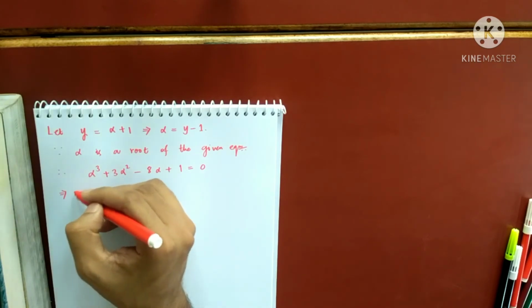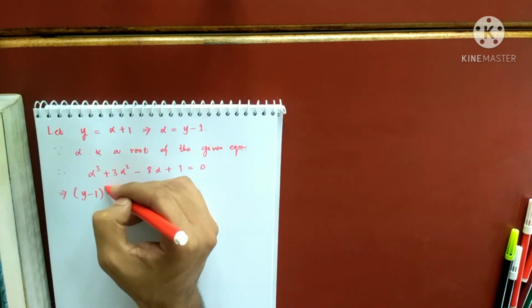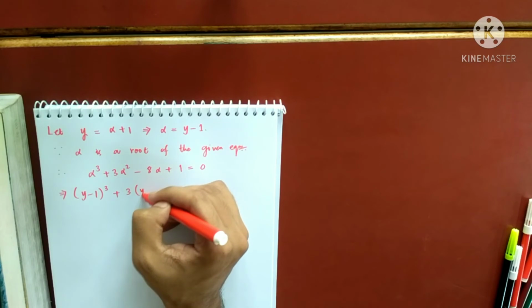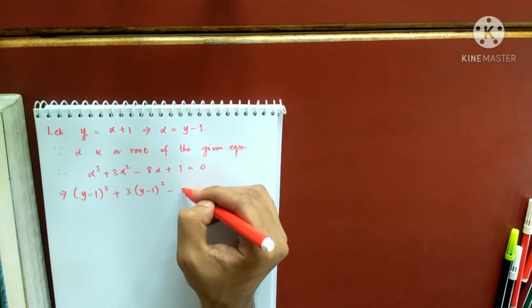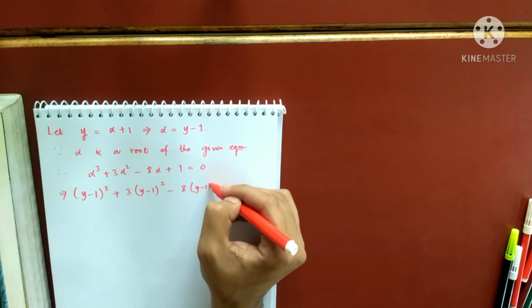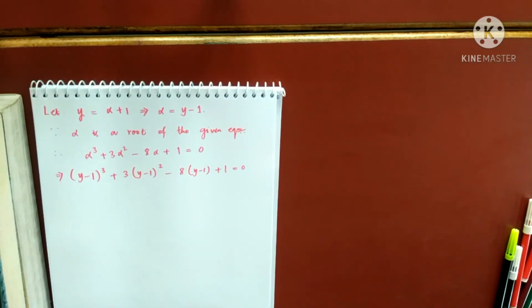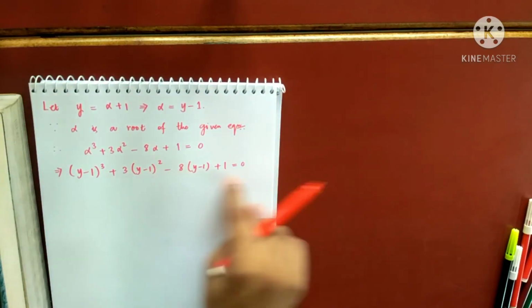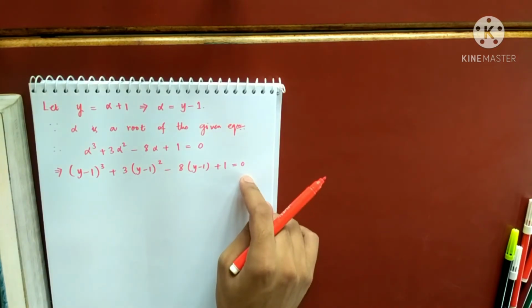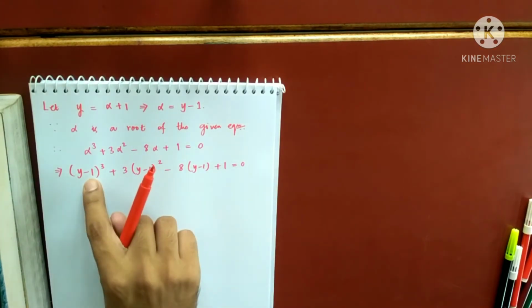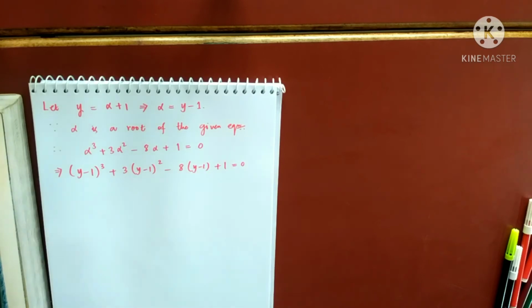So what I'll get? (y minus 1) whole cube plus 3(y minus 1) whole square minus 8(y minus 1) plus 1 equals to 0. Now you cannot leave the answer here. You have to just open these brackets and give the answer. For that, either you can use the expansion or you can use synthetic division.